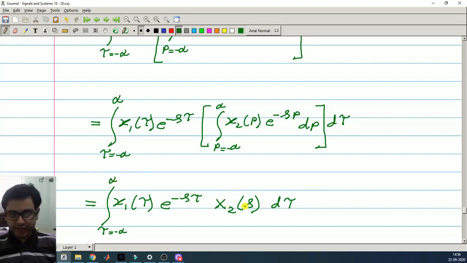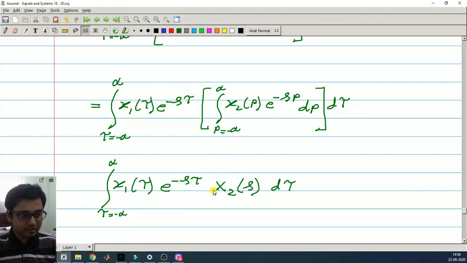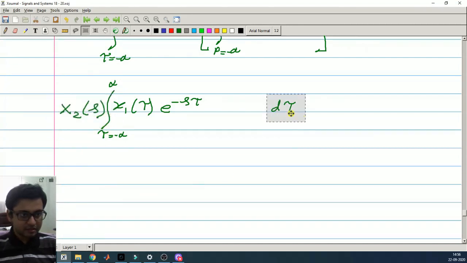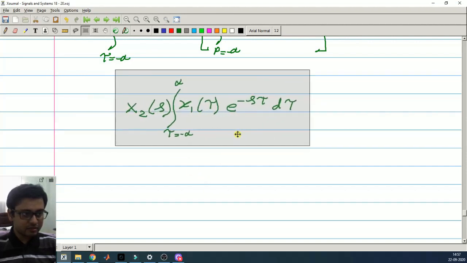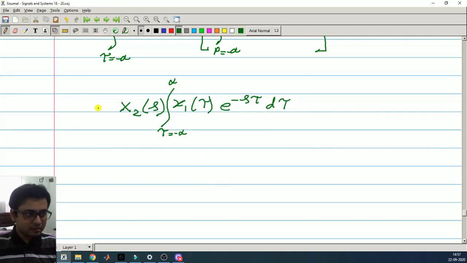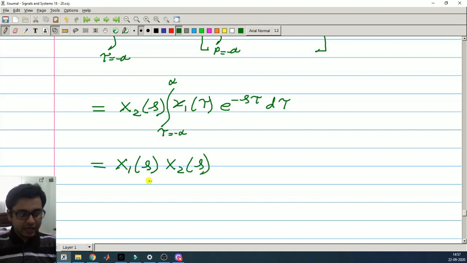Now this X2(s) I can bring outside the integration, so let me put it outside like this, and then this term inside this integration is nothing but Laplace transform of x1, that is capital X1(s), and this X2(s) I will write as it is, and we are done.